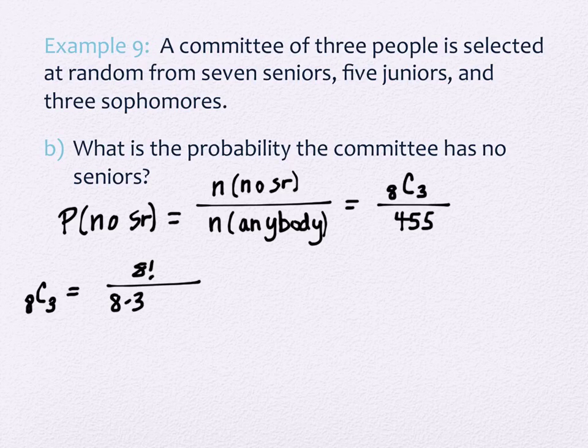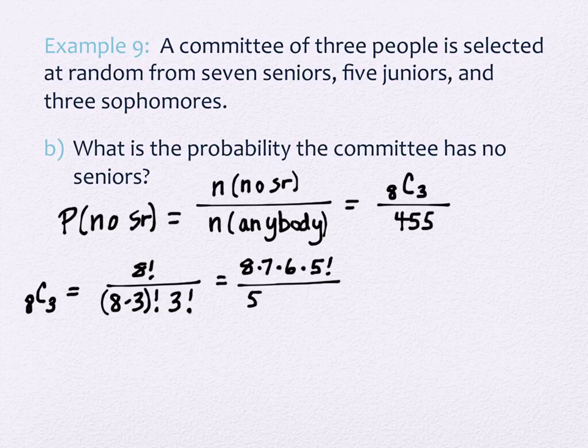Yep, I'm hearing a couple of answers that sound just the same. Fantastic. So 8 minus 3 is 5, so we're going to write out our 8 down to 5. 8, 7, 6, 5 factorial over my 5 factorial, and then I have 3 times 2 times 1. What cancels? 3 and 2 makes 6, and 5 factorial.